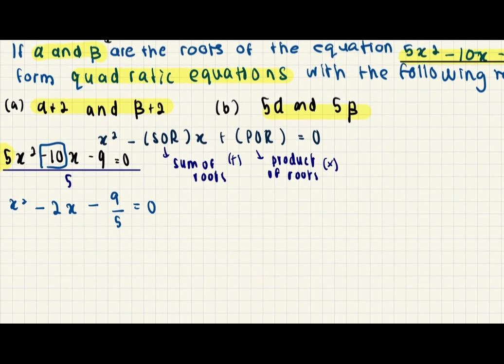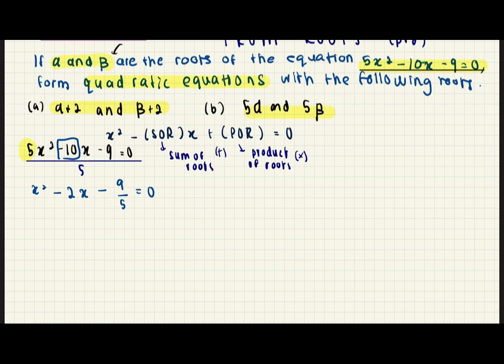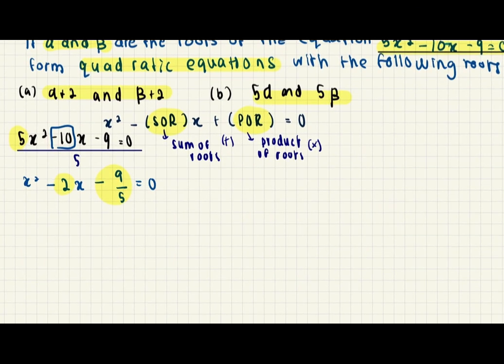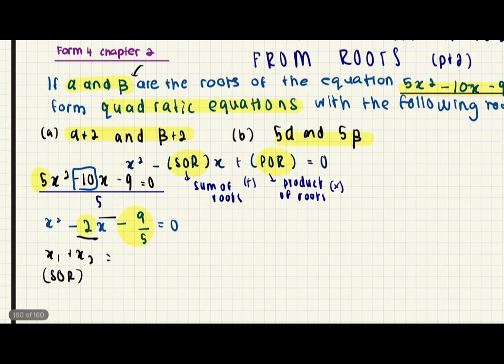Now we can compare here. Our SOR, sum of roots, is 2, and our product of roots is negative 9 over 5, right? So we know x1 plus x2 is equal to our SOR, and we know our SOR here is 2.